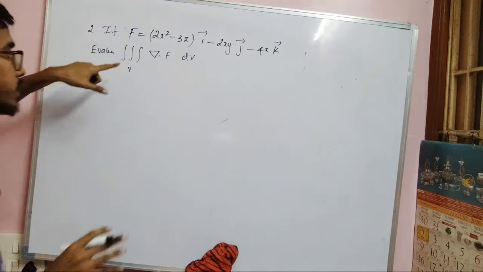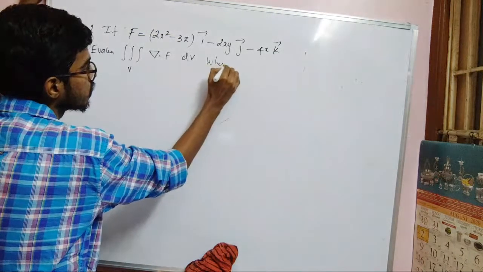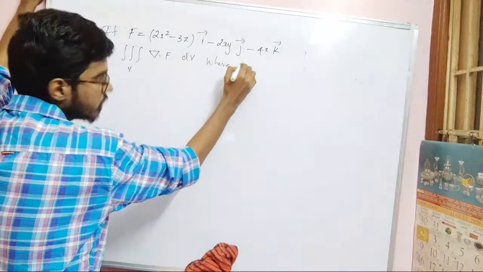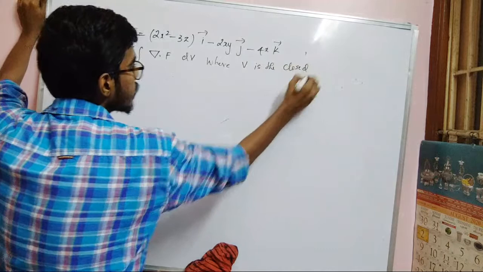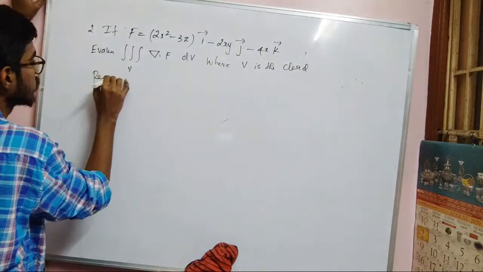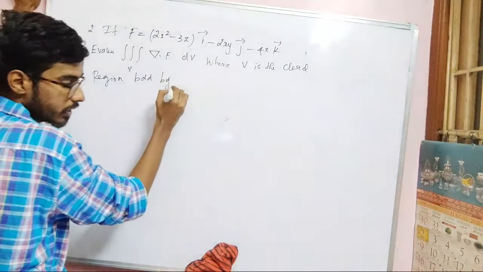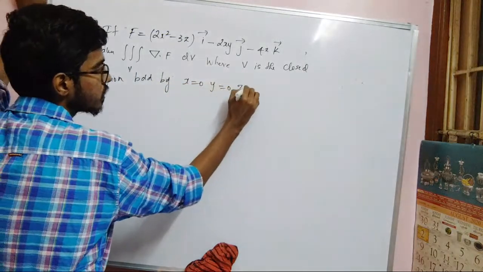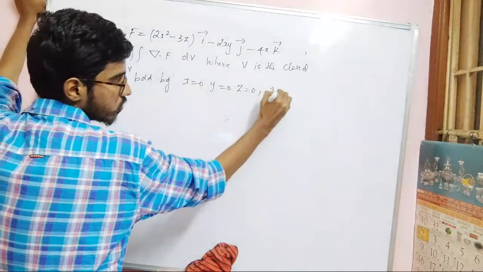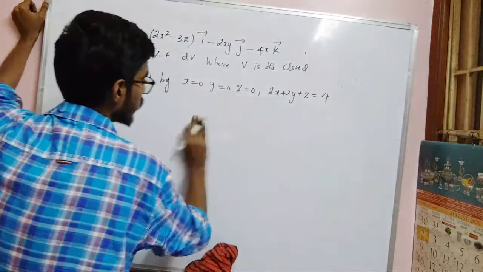Here they asked us to find del dot F dV, where V is the closed region bounded by x is equal to 0, y is equal to 0, z is equal to 0, and 2x plus 2y plus z is equal to 4.